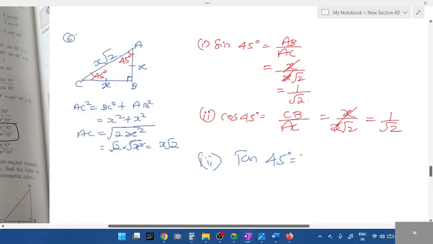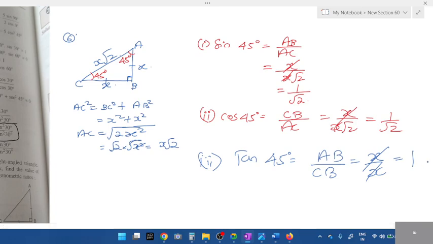Actually, what's the answer for tan 45 according to the table? 1, right? Yes, we'll use tan C. What is the formula for tan 45? Opposite, perpendicular by base. x divided by x. Both get cancelled. Are we getting answer 1? Right? This is how you solve using the diagram, if they give a diagram question.